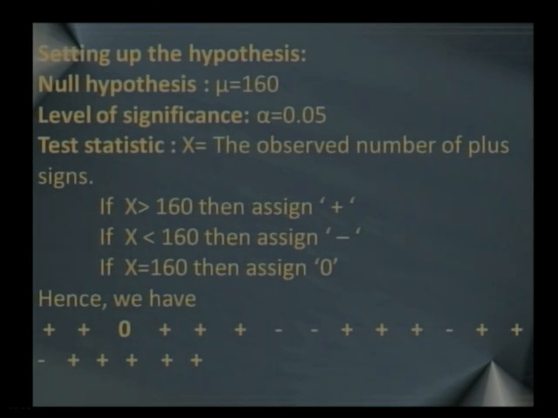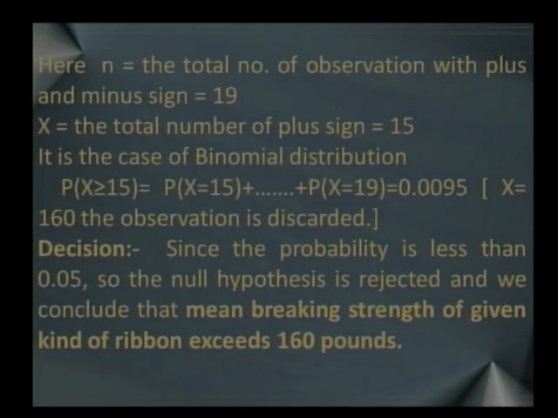You can easily assign the signs just by looking at the data. Here n is the total number of observations with plus and minus signs, which is 19. We discarded one observation because it was 0, so actually 20 observations were there and we have taken only 19.